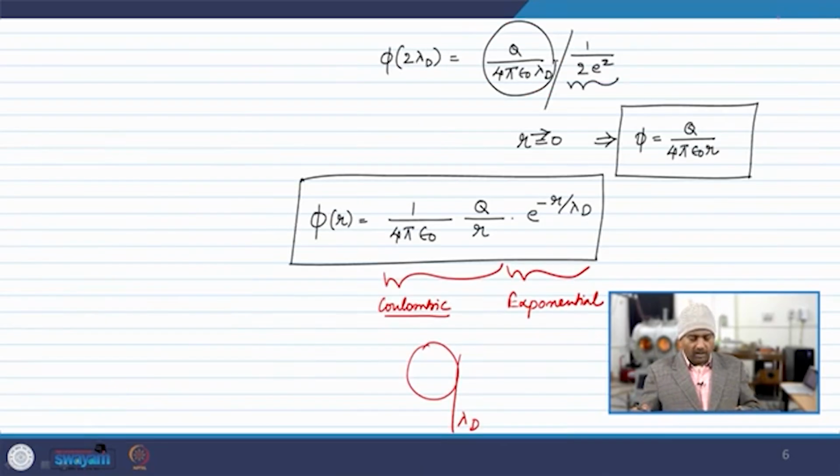So, having said all that, we can now say that the potential inside the Debye length decreases according to 1 by r, and at the edges when it is about to reach lambda d, it will decrease exponentially.